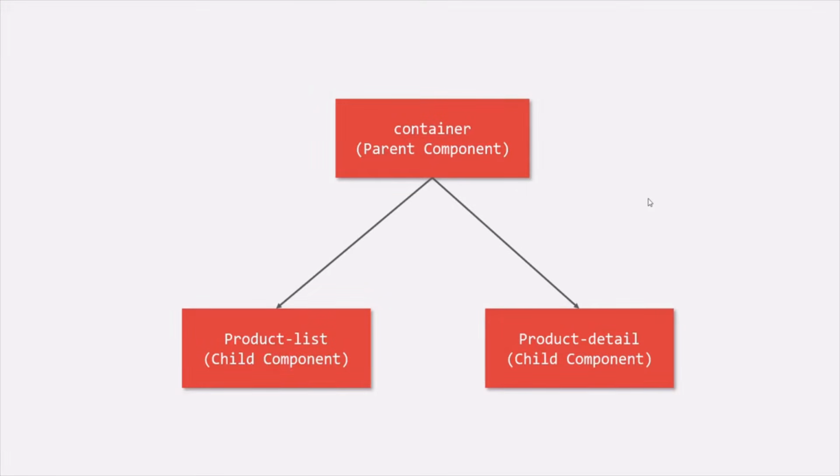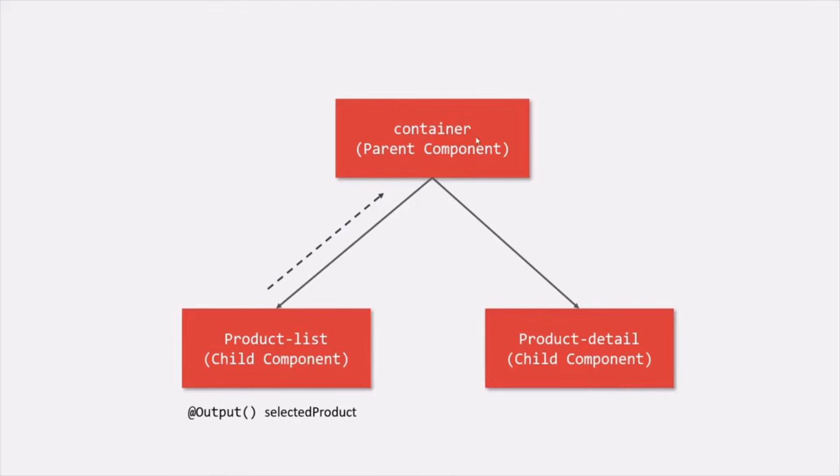So here we have this container component, and this container component has two child components: product list component and product detail component. In this product list component, we have the selected product property. In order to pass the selected product property from product list component to container component, we can make use of custom event binding and the @Output decorator.